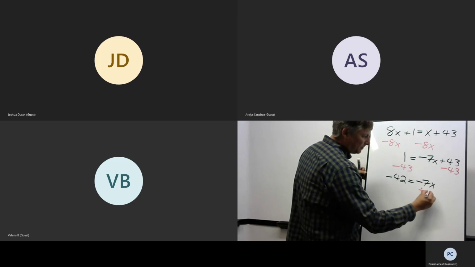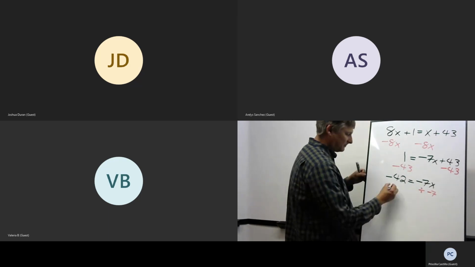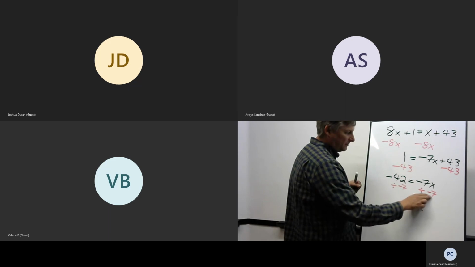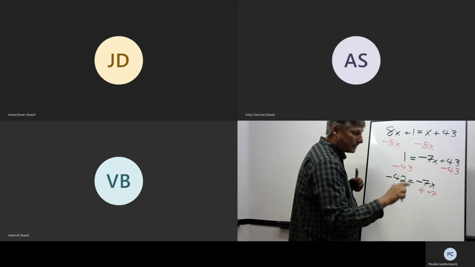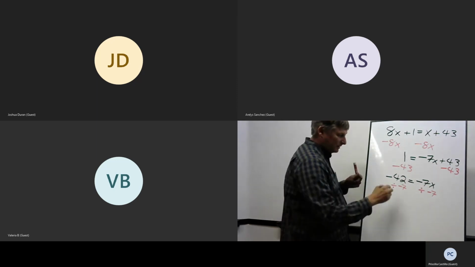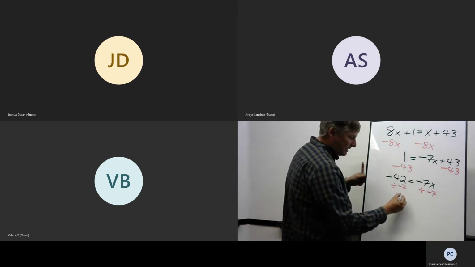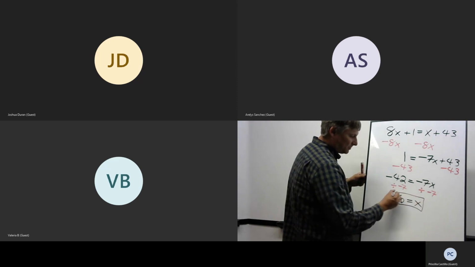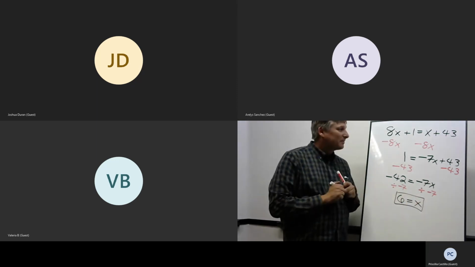The opposite of multiplying is dividing. And negative 7 goes into negative 7 one time. 1 times x is just x. Negative divided by negative is positive. And sure enough, we get the same answer.